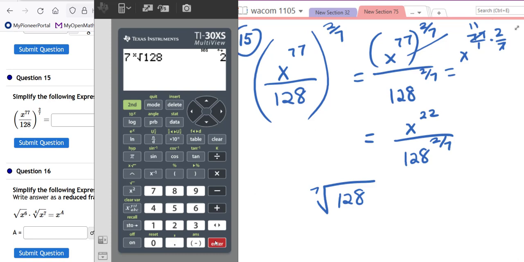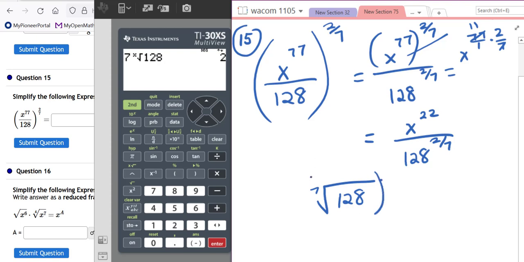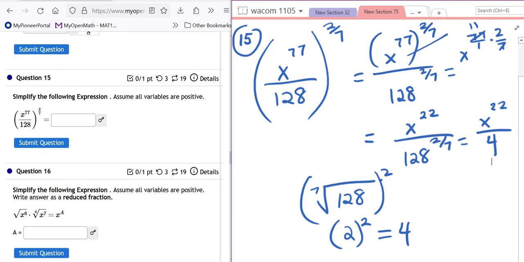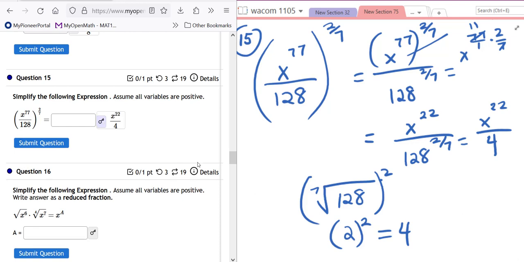I'm just working on this denominator. So this is 2, so I can put the exponent of 2 on the outside. And then 2 squared is 4. So my simplified answer is x to the 22nd over 4. I'm going to turn this calculator off. All right, so x to the 22nd over 4. Good.